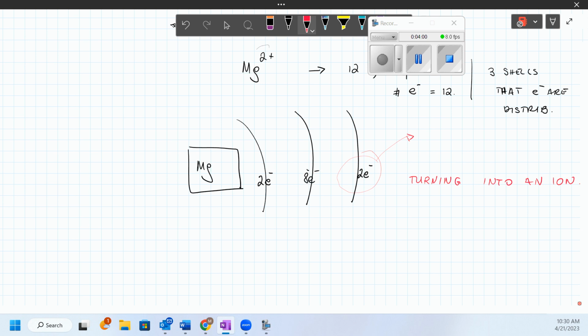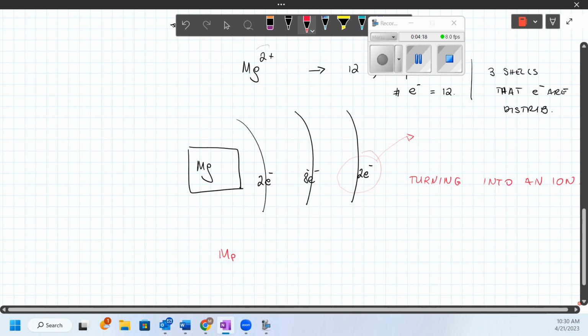It is transforming itself into a positively charged ion. So now what we have is magnesium 2+.